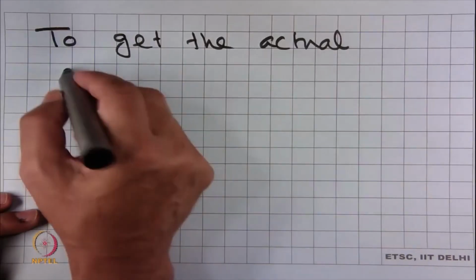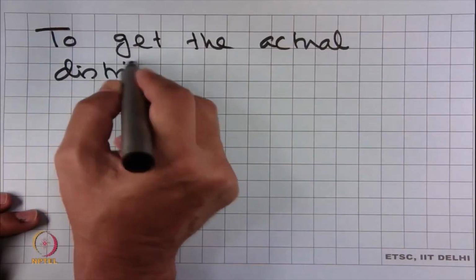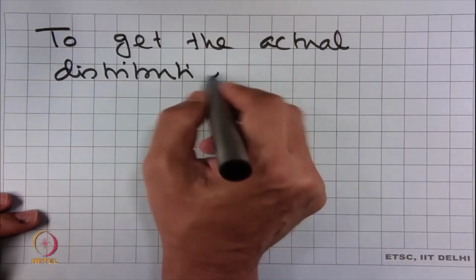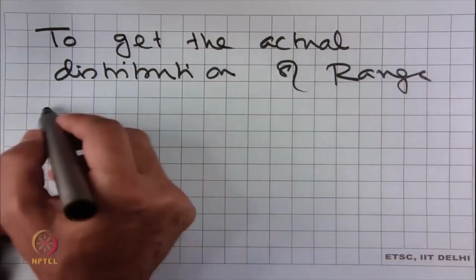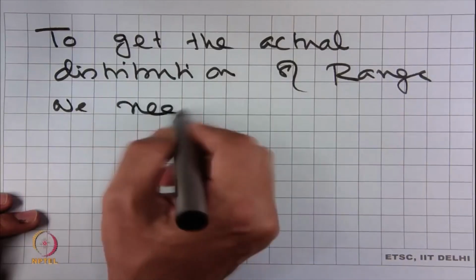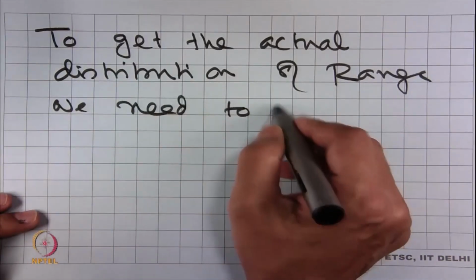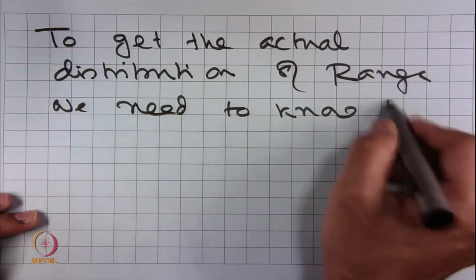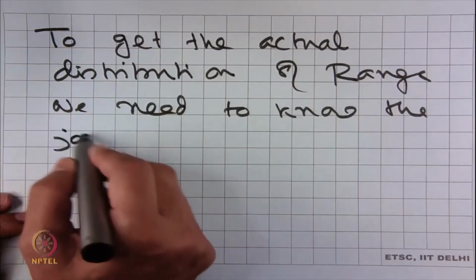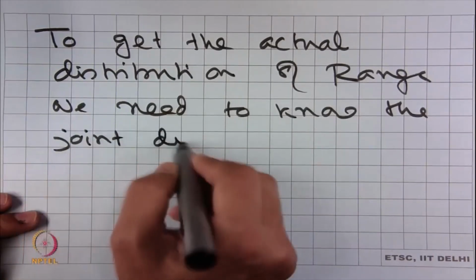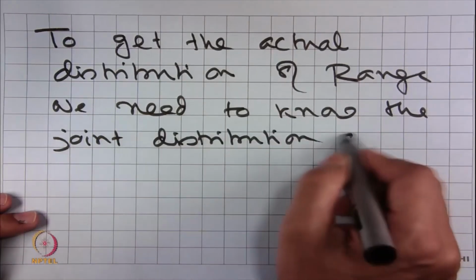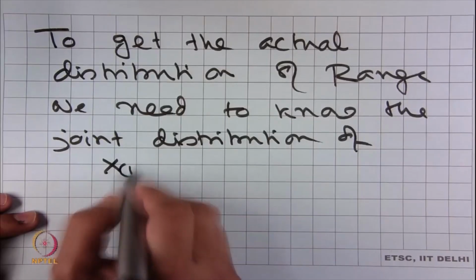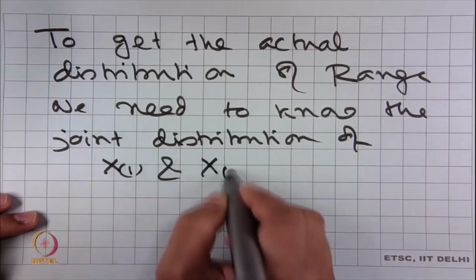To get the actual distribution of the range, we need to know the joint distribution of x1 and xn.